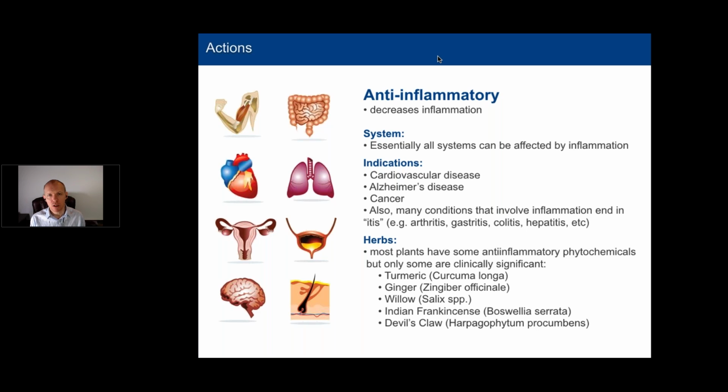When it comes to cancer, although an anti-inflammatory drug doesn't cure cancer, what we find is that when people have more inflammation in the body, it tends to accelerate the growth of cancer, because inflammatory cytokines stimulate cancer growth. And so many herbs that have beneficial effects as anti-inflammatories often have potent anti-cancer effects as well.